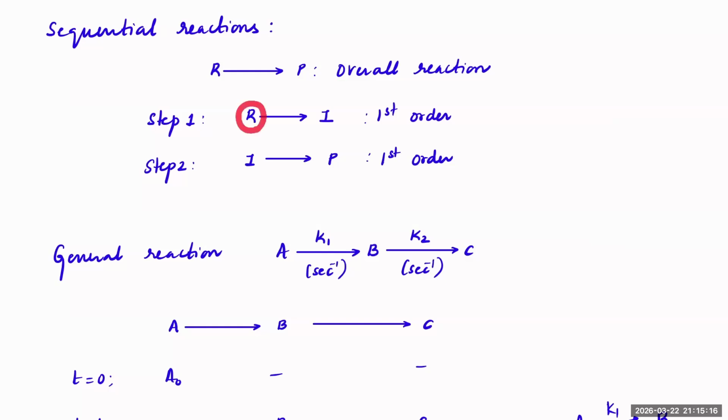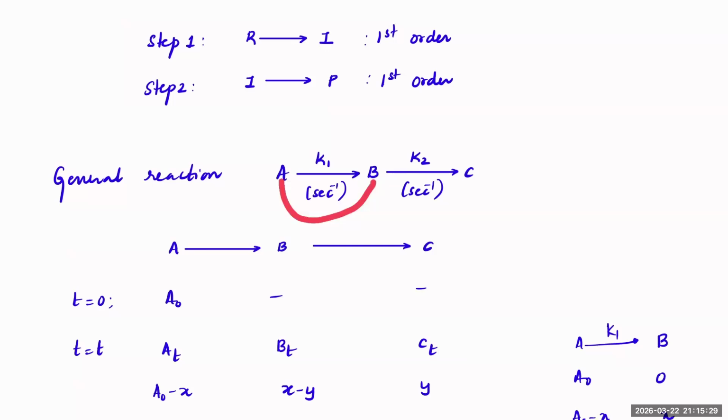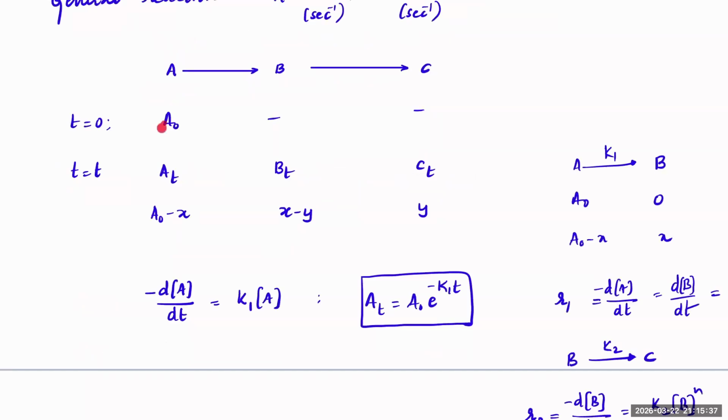Reactant first gives an intermediate, then in the second step the intermediate gives a product, and both are first order kinetics, which means A giving B, B giving C is always going based on first order kinetics. Okay? So see, initially if the concentration of A is A naught and there is no B and C, then after time t, this will become AT, BT, and CT.